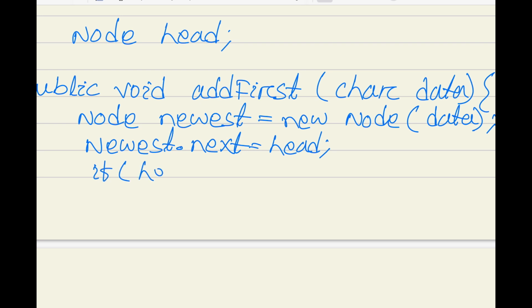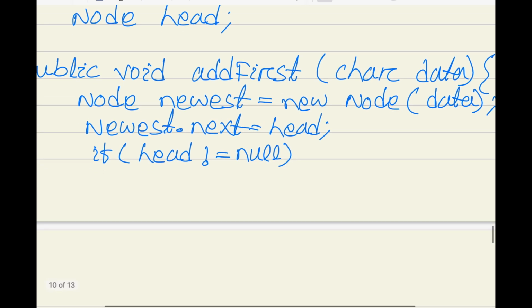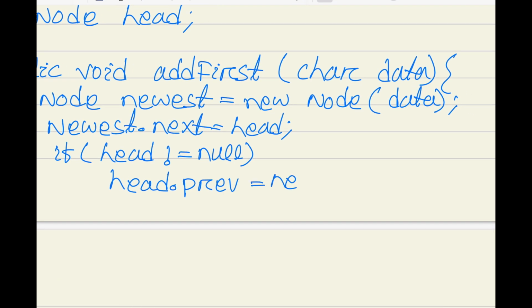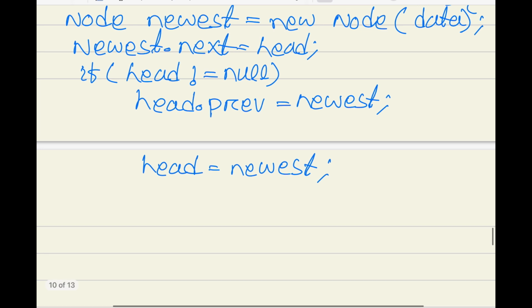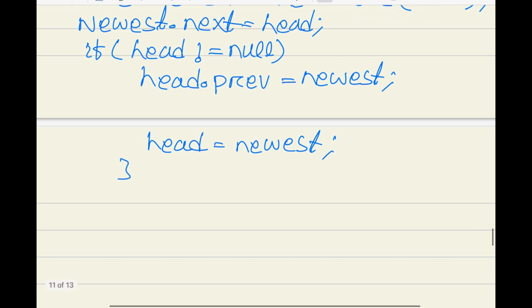So if head not equal to null, that means the list is not empty, then head dot previous equal to newest, then we can write head equal to newest. So this statement updates the head. So end of method.